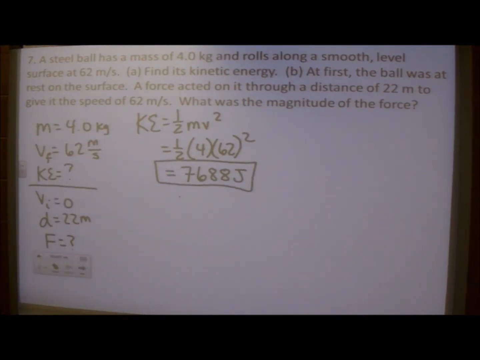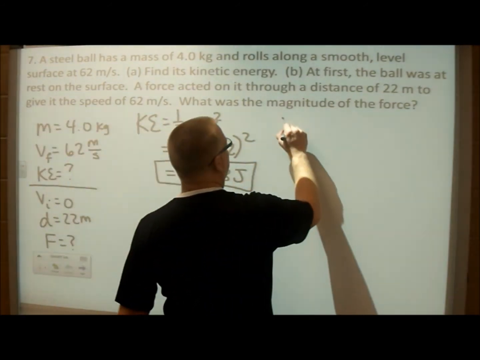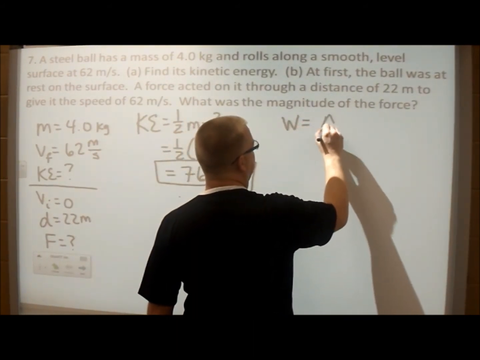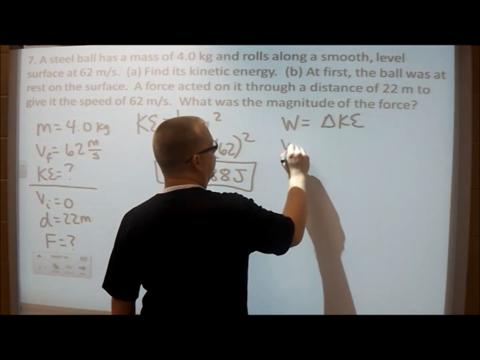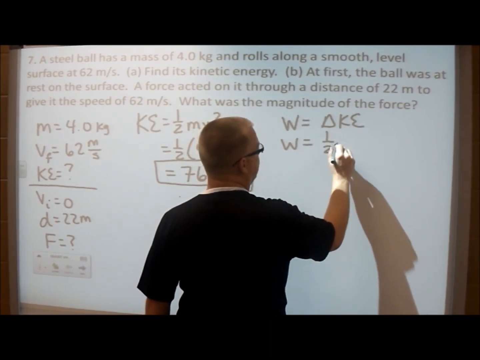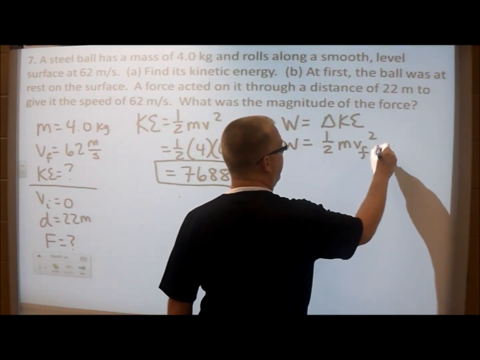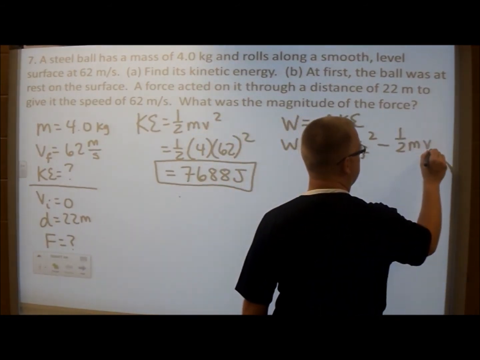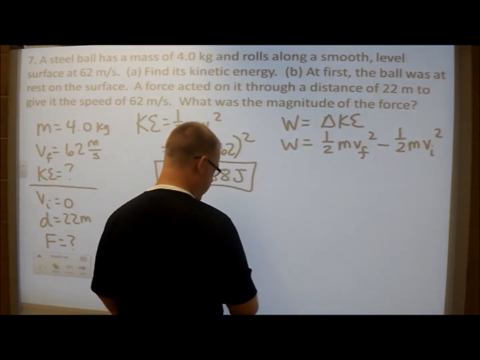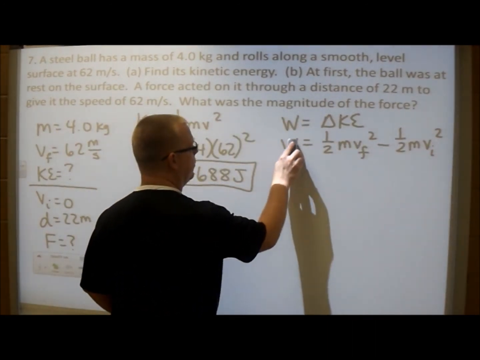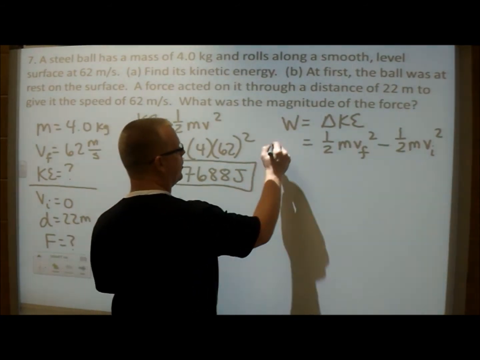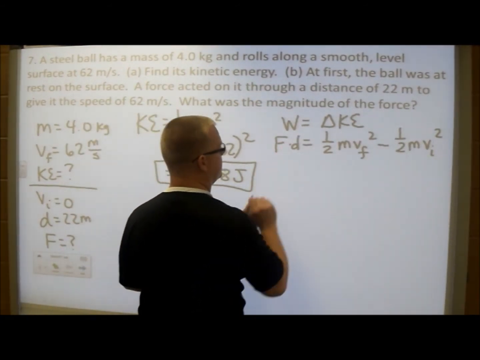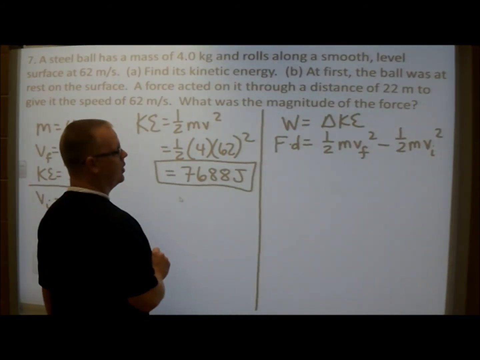Part B says we need to find the magnitude of the force to get it up to that speed. Well, we're going to use the work kinetic energy theorem. So work equals the final kinetic energy minus the initial kinetic energy. And in fact, we're going to go one step further and say, instead of work, force times distance, because that's the formula for work.